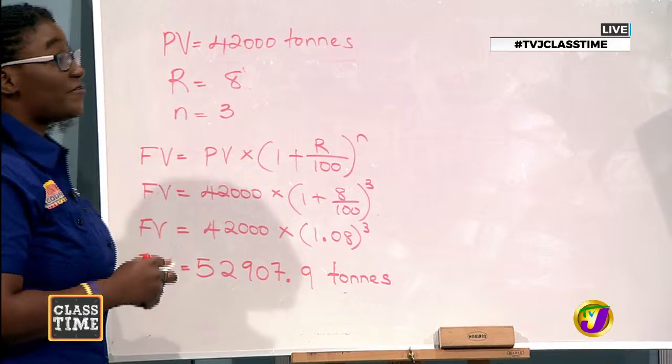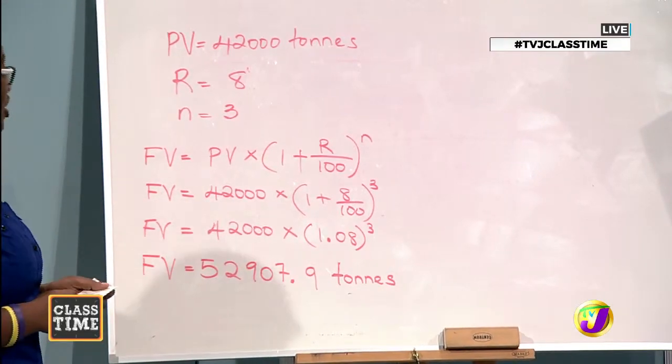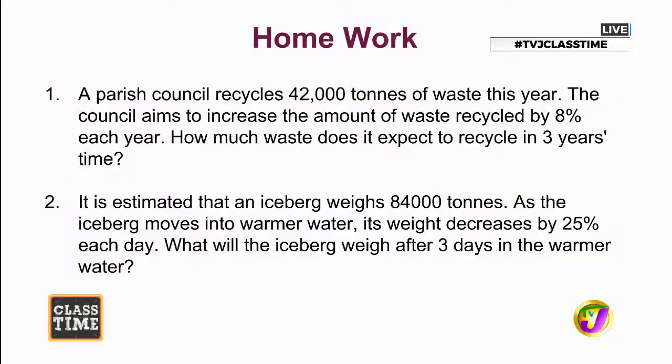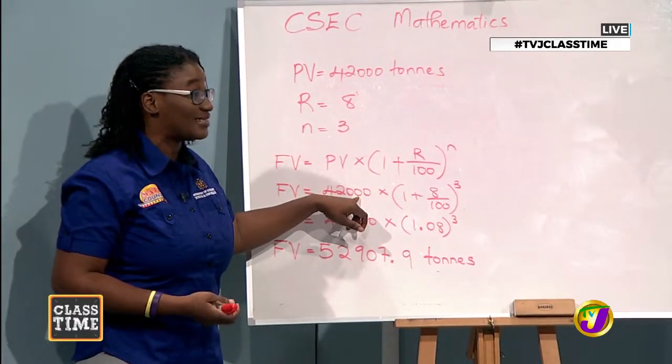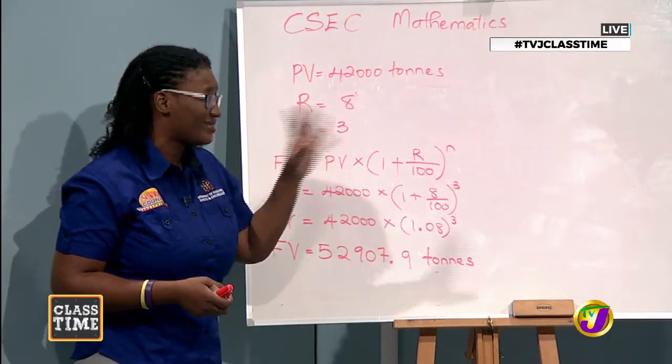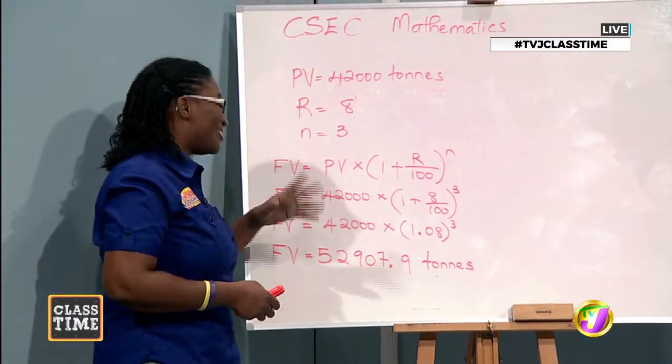All right. So in the future, after 3 years, so they started off by recycling 42,000 tons of waste. And this is a good thing, by the way, recycling. Let me just drop that in there. I encourage you. Right.